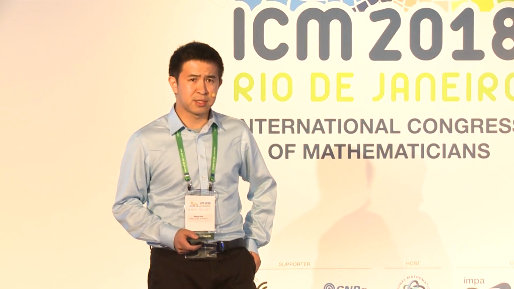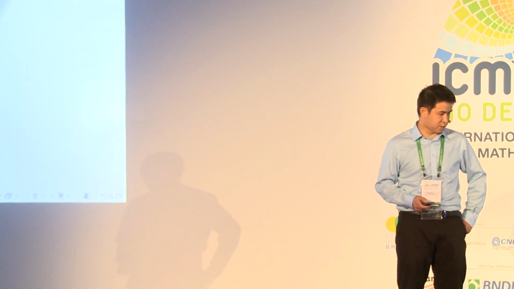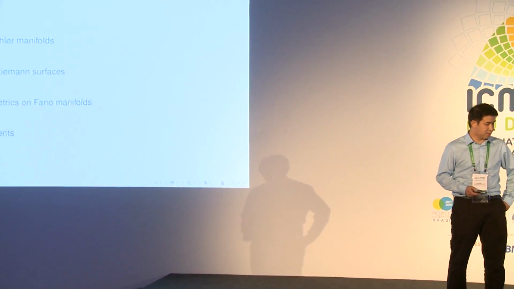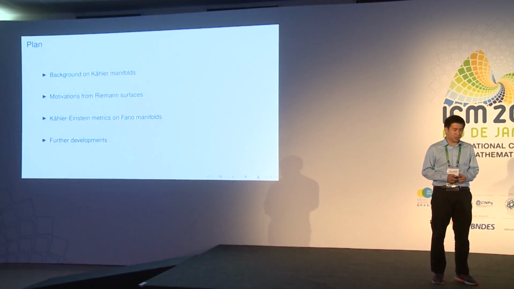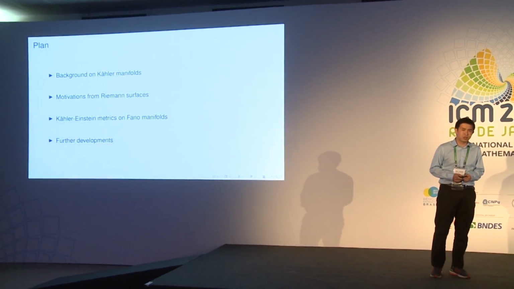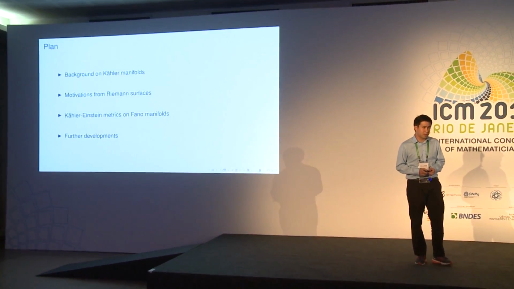So here's a plan of the talk. I will first explain some backgrounds on Kähler geometry. Then I will talk about the motivations from Riemann surfaces, the one-dimensional Kähler manifolds. And the main focus of this talk is concerned with Kähler-Einstein metrics on Fano manifolds.